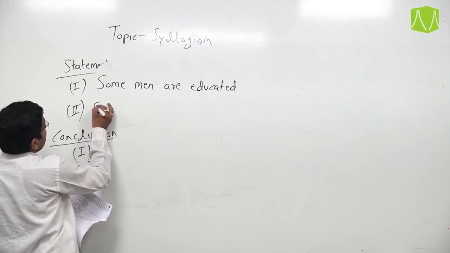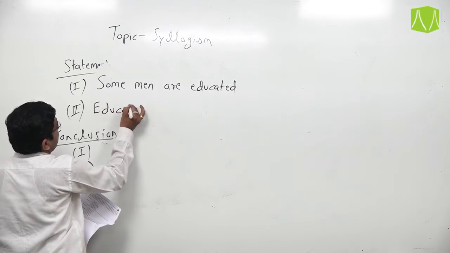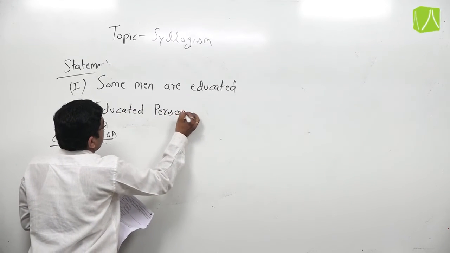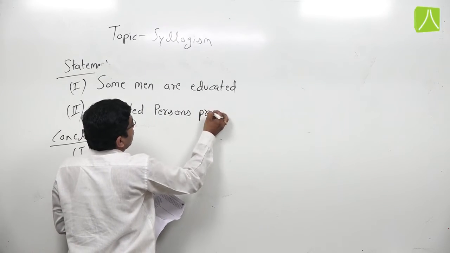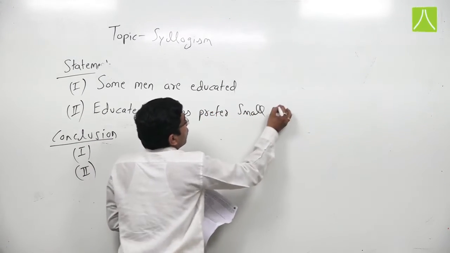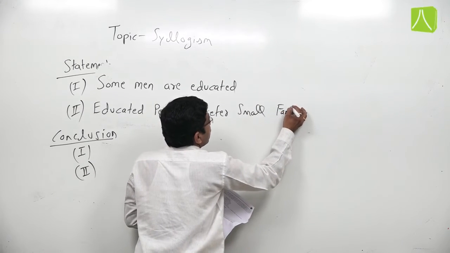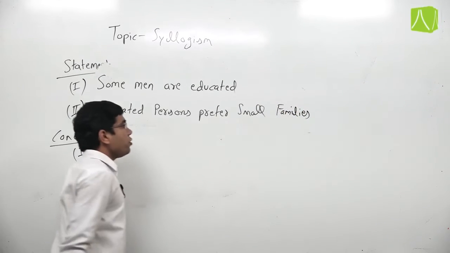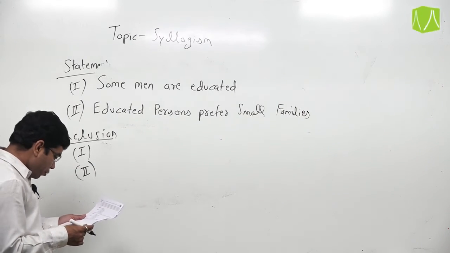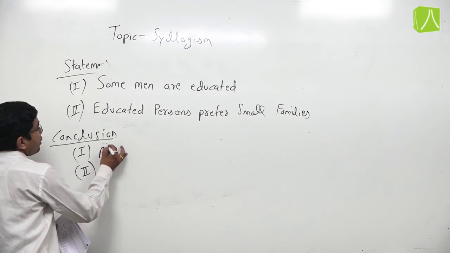Educated persons prefer small families. These are the two statements. Now on the basis of these statements, we have to check all small families are educated.